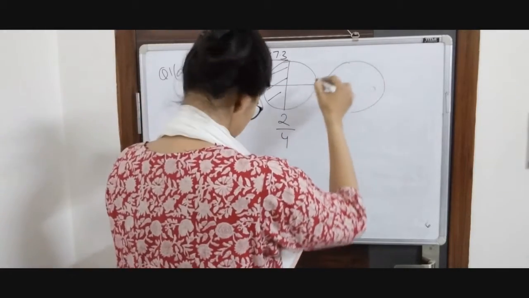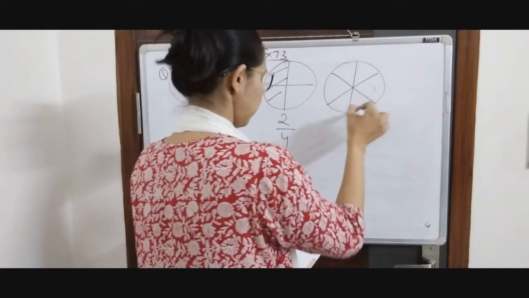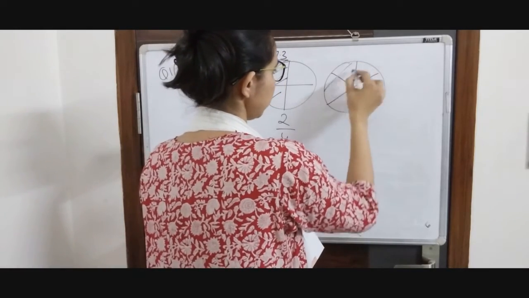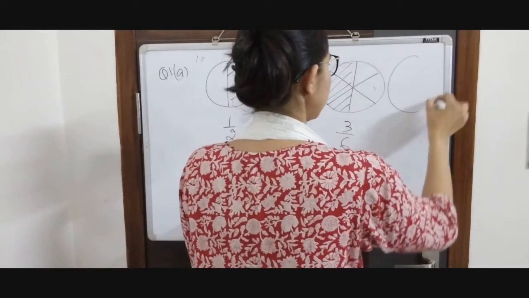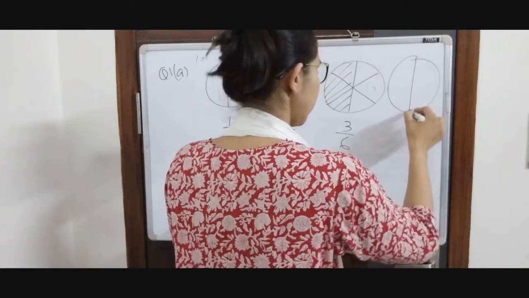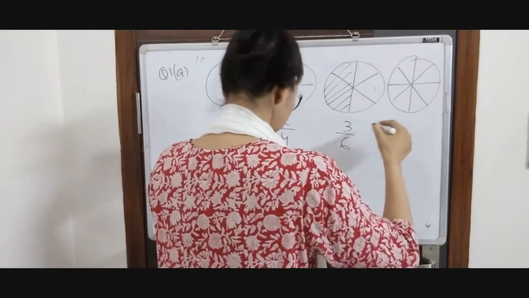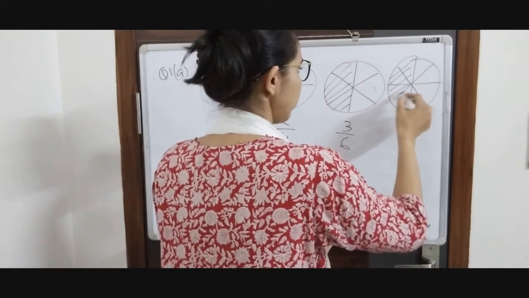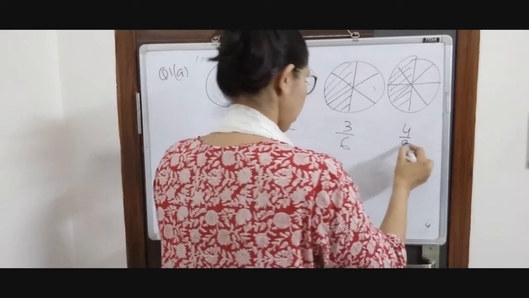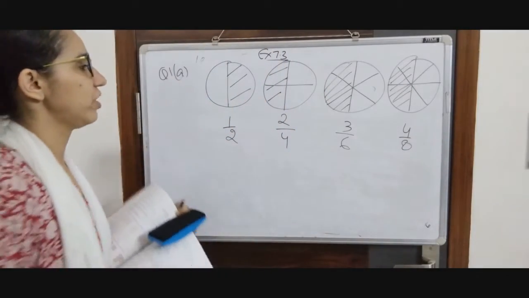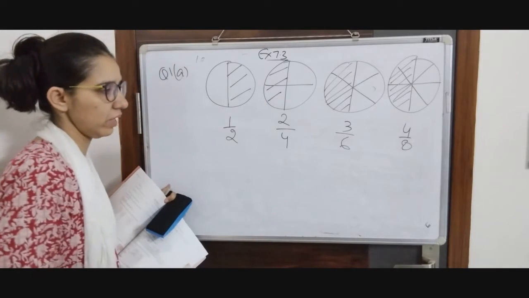Next we have 6 equal parts, and this part is shaded, so 3 by 6. And the last one, I'm making rough diagrams. You are supposed to make neat and clean diagrams, okay. Then like this, these parts are shaded, so 1, 2, 3, 4 parts are shaded out of 8 parts. So the fractions are 1 by 2, 2 by 4, 3 by 6 and 4 by 8.